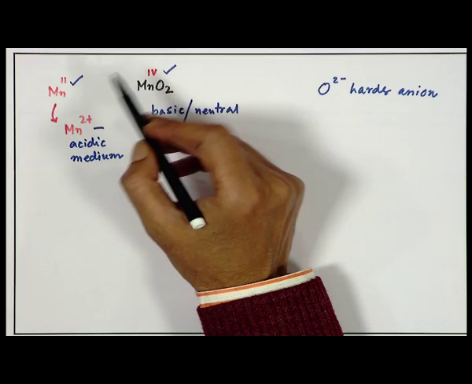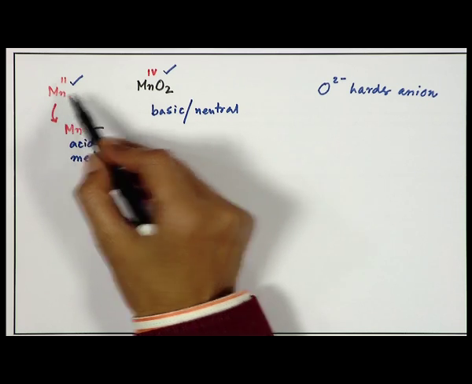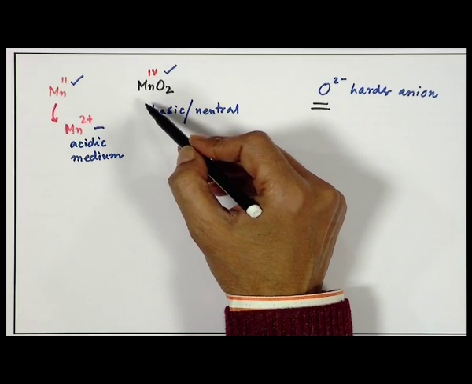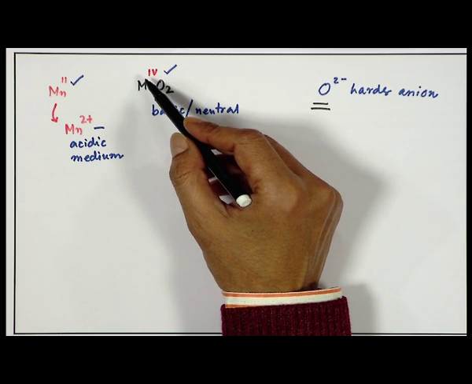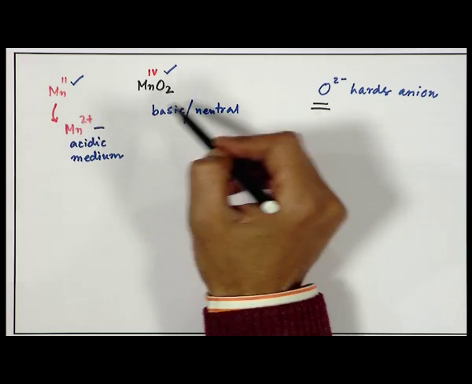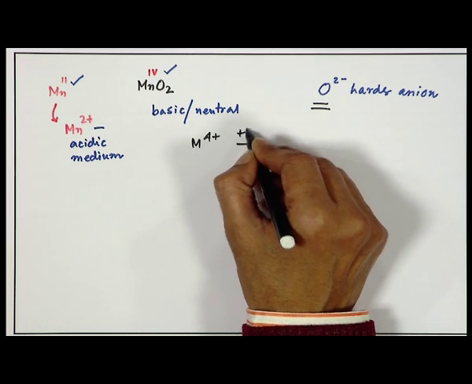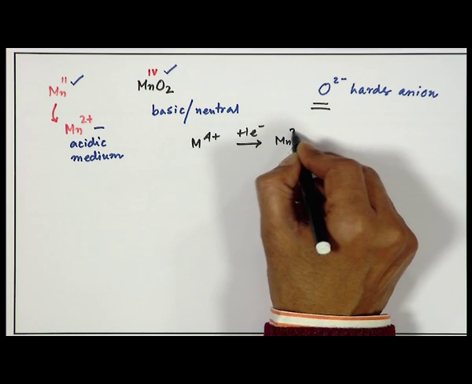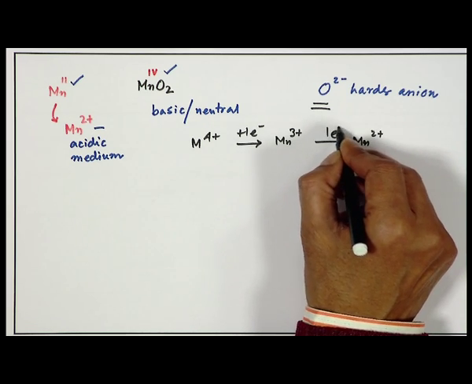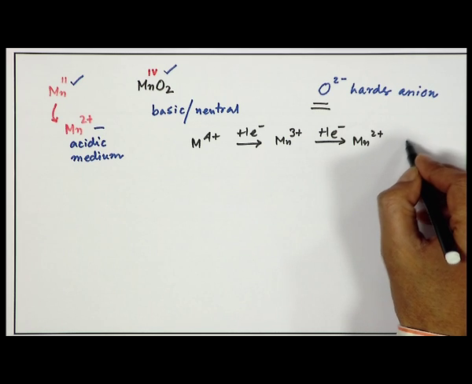Higher oxidation state here is in comparison with the bivalent state of manganese. So, the binding of O2 minus will stabilize manganese in the +4 oxidation state, which is not otherwise available, because simply by reduction, plus 1 electron from manganese 4 plus to manganese 3 plus to manganese 2 plus, it takes place very quickly to ultimately reach Mn2 plus in acidic condition.